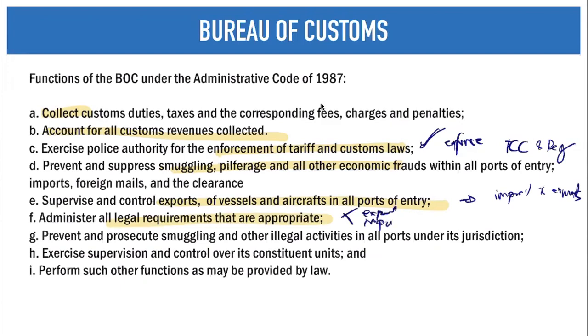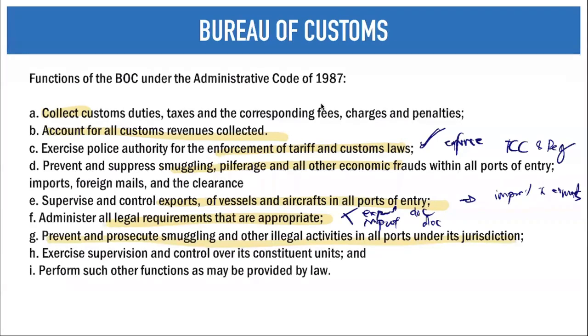Generally, we call this import documents or export documents. Letter G, prevent and prosecute smuggling and other illegal activities in all ports under its jurisdiction. We have discussed this already as part of the functions of the BOC under the TCC.